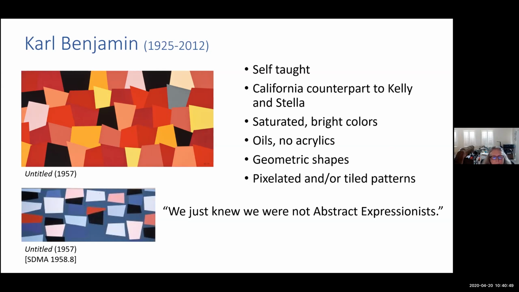They're removing this process from their art. They're removing this emotion. And as Carl Benjamin says here, he said, all we knew, we just knew that we weren't abstract expressionists.